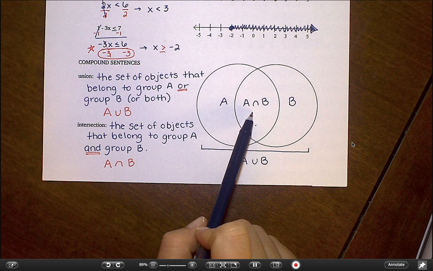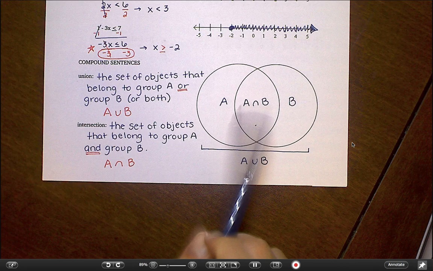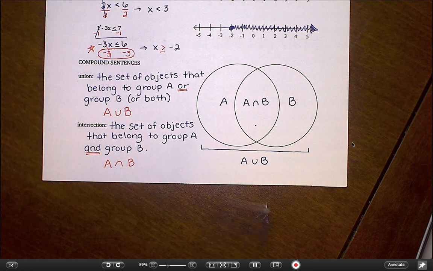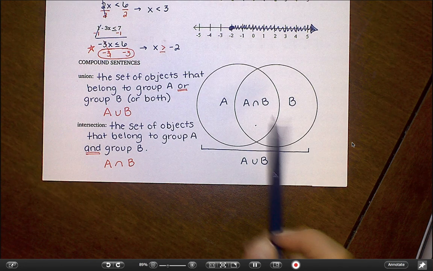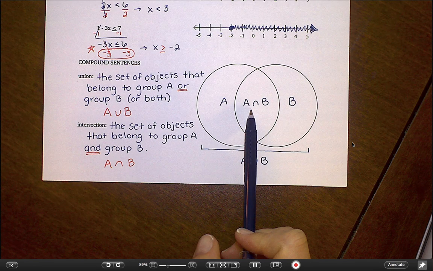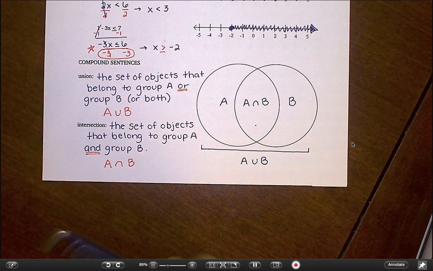But for the intersection, I would have to do some work, right, to verify who's in both classes. And that's what you're going to see mathematically, too, is when we do problems involving the intersection, it takes a little bit more work mathematically to figure out which numbers it should include. Okay, so let's go on to those examples here.